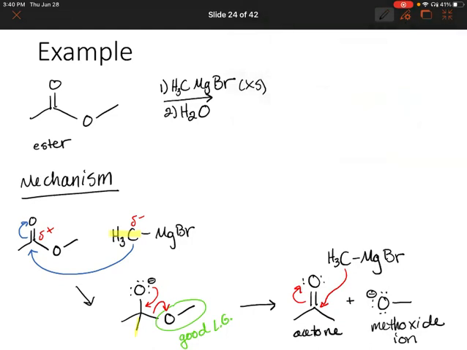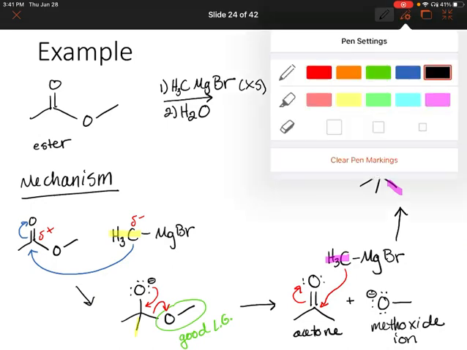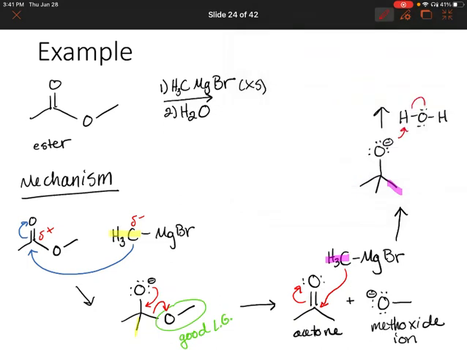And now we're kind of doing the same thing that we did before. So this time, we're adding a third methyl group onto that carbonyl carbon. And now we can finally protonate and get our alcohol product. All right, so this is again a tertiary alcohol.